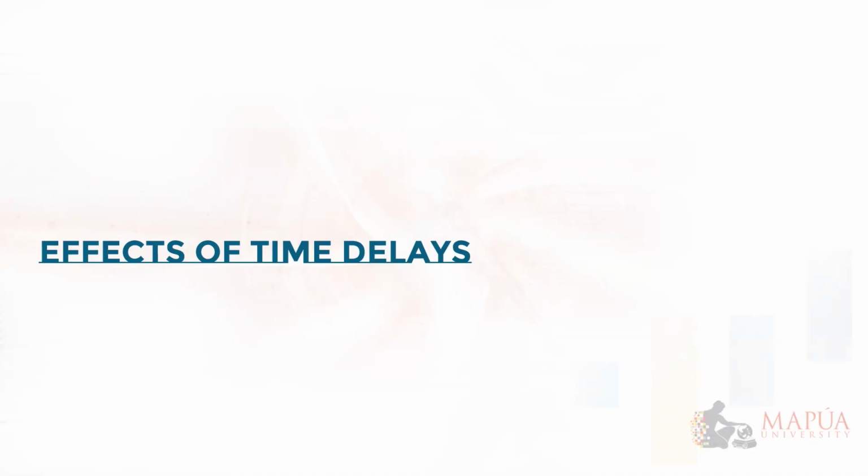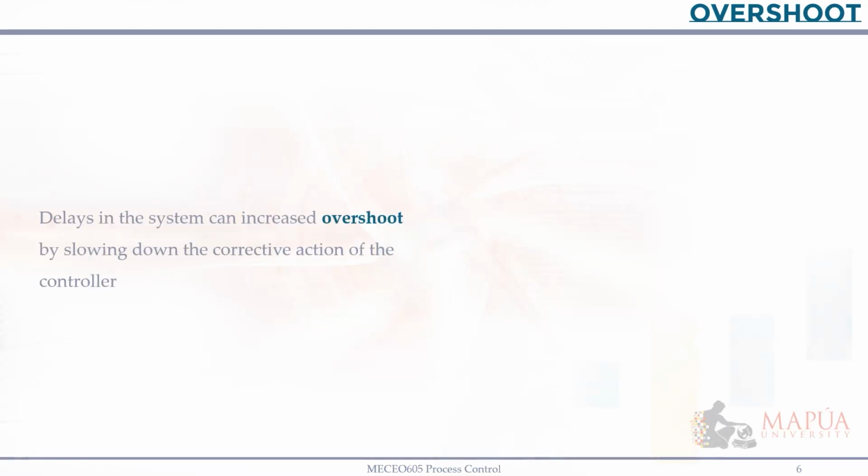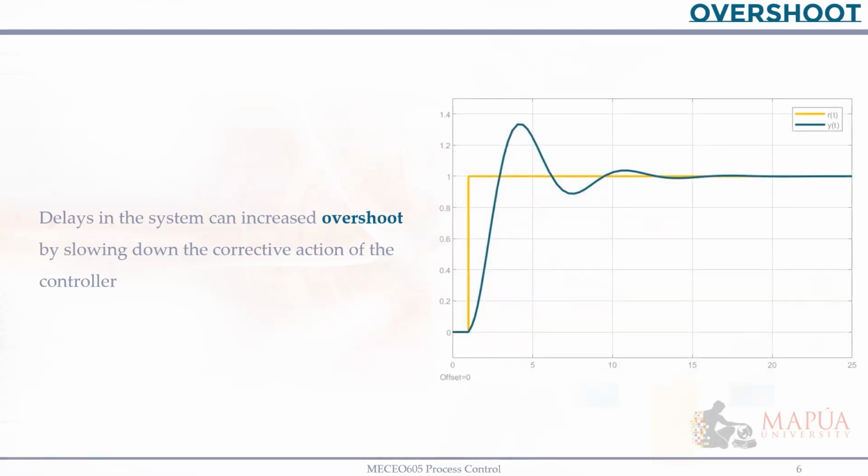So what are the effects of time delays? One of the effects of time delay is overshoot. Delays in the system can increase overshoot by slowing down the corrective action of the controller. This time I overlap my input and output signal.